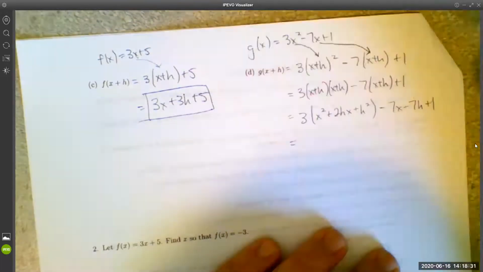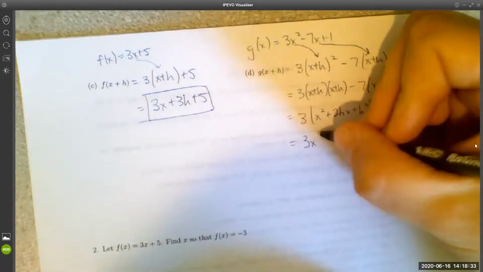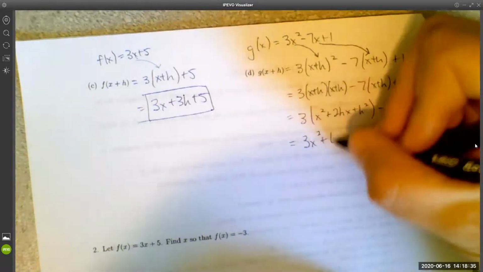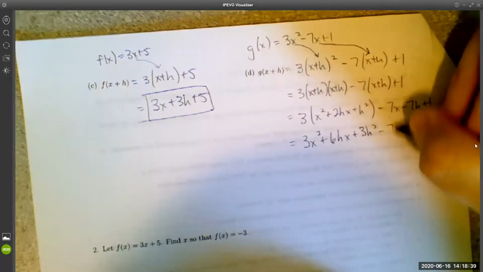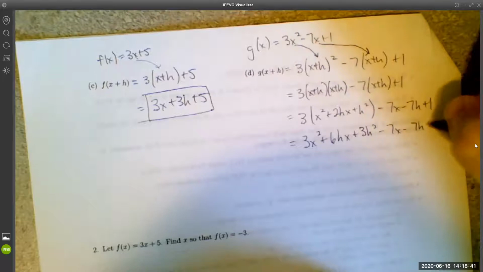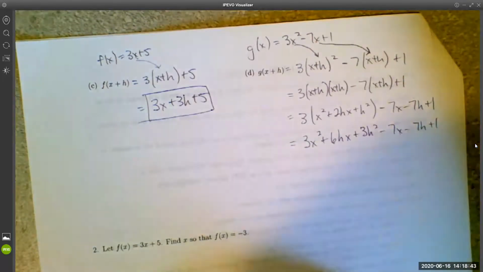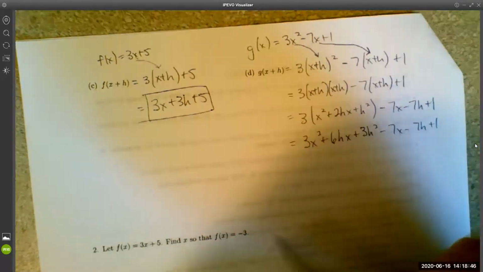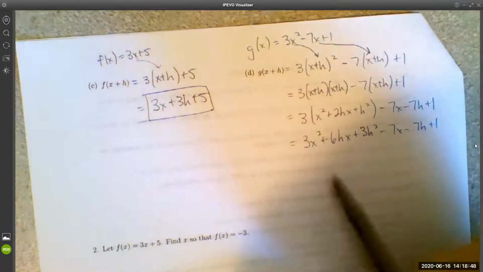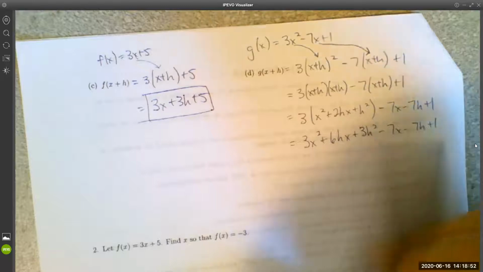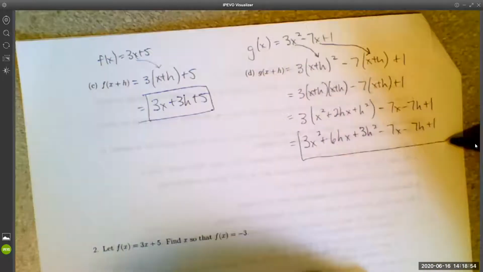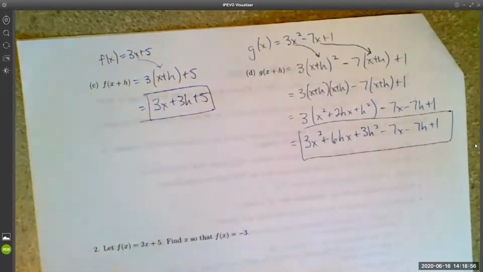I'll distribute that 3 and then combine like terms, if there are any. Maybe there aren't any. Yeah, there are no like terms to combine. So I think that's as far as that one goes, right? We've got no other x squareds, we've got no hx's, we've got no h squareds. So yeah, that's as far as that one goes. Okay, so that's that.